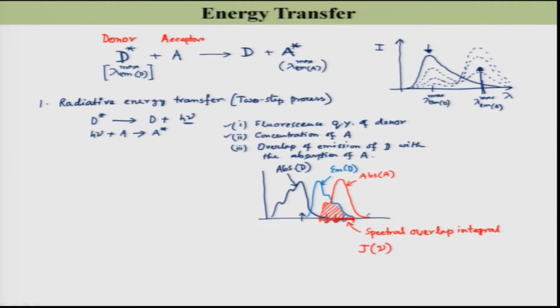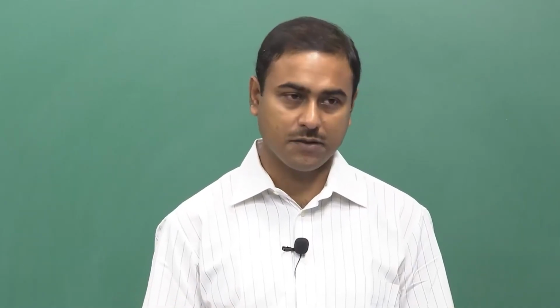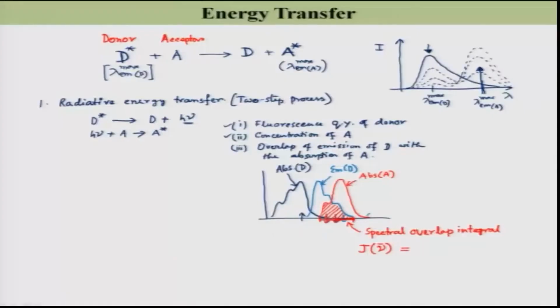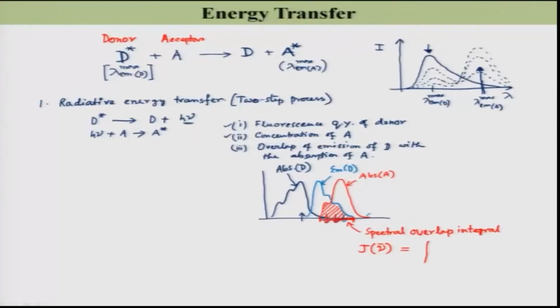nu bar. So, this nu bar is just the inverse of the wavelength, and usually the unit we refer to for this is centimeter inverse. The expression for this should contain the emission spectrum of the donor and the absorption spectrum of the acceptor, and this is generally evaluated as the integration from 0 to infinity of the fluorescence or emission spectrum of the donor.